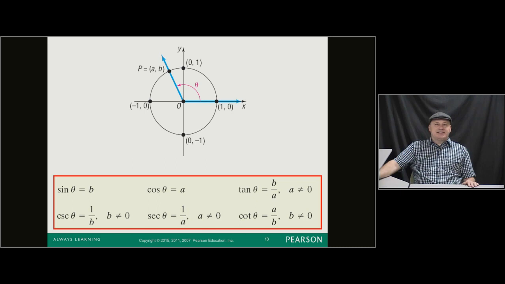It's going to be on the positive y-axis because that's 0, 1 up there. You'd be dividing 1 by 0. And down the negative y-axis, you'd be dividing negative 1 over 0. Those are the two locations where the tangent will be undefined. So if the terminal angle is straight up, it's going to be pi over 2, 90 degrees.